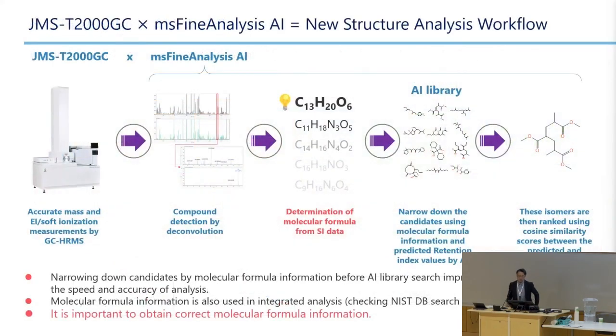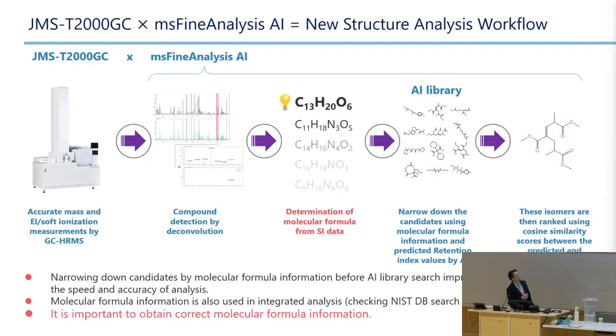Okay, this is another workflow, totally the same but presented differently. At the beginning, of course, we have to measure the samples by GC-TOF, and we can get the EI and soft ionization data. If your compound is not listed in NIST, we want to do the AI library search. But before we go to the AI library, we have to decide the molecular formula.